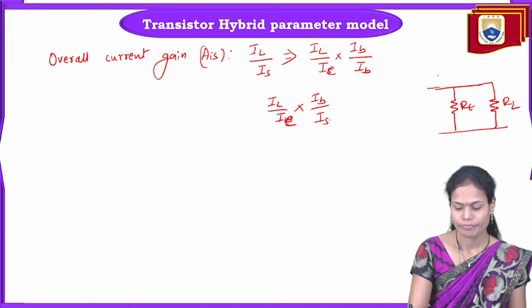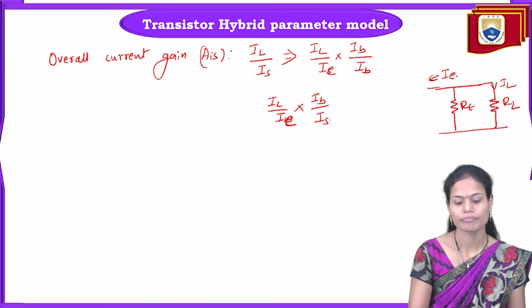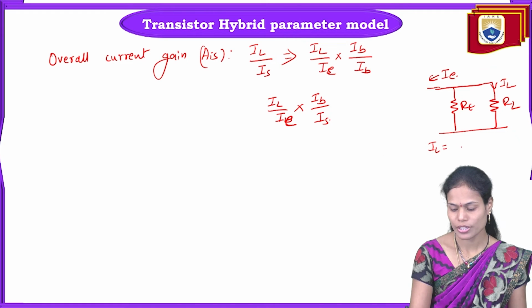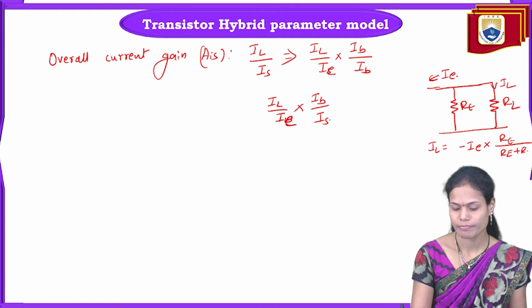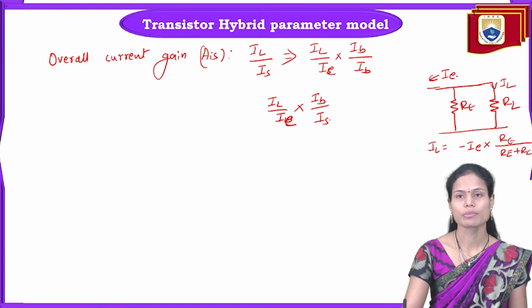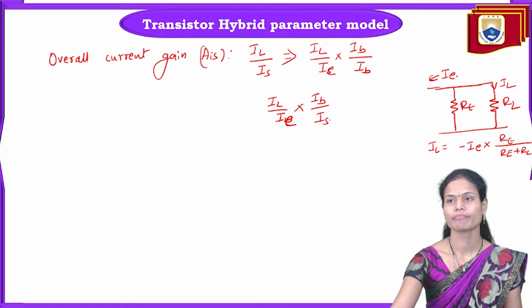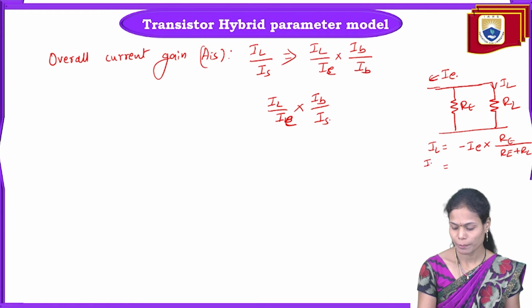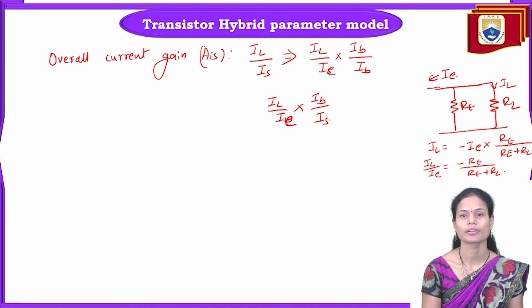So here the emitter current is flowing in this direction but the load current is flowing in this direction. So the load current IL is equal to minus IE into RE divided by total resistance RE plus R. If we substitute the values of these resistances, we will get IL by IE equal to minus RE by RE plus RL.